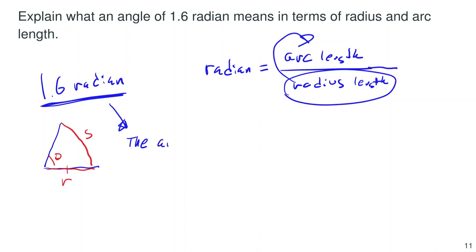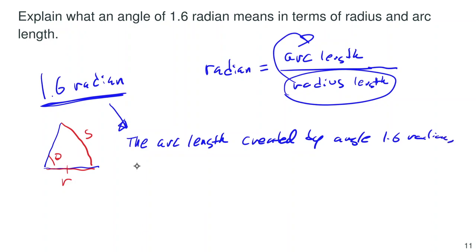The arc length created by angle 1.6 radian means the arc length created by angle 1.6 radian is 1.6 times as large as the radius length.